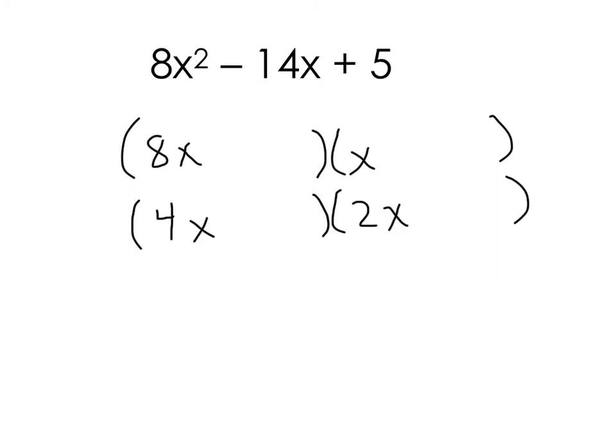It's a little less complicated though because we have 5. That can only be 1 times 5. And of course we'll also have to try 5 times 1. We'll have to reverse the order. What about the sign? Can you look at the signs here and figure out what the signs will be? Are they both negative? That's right.